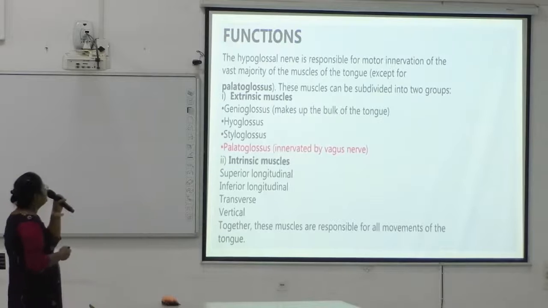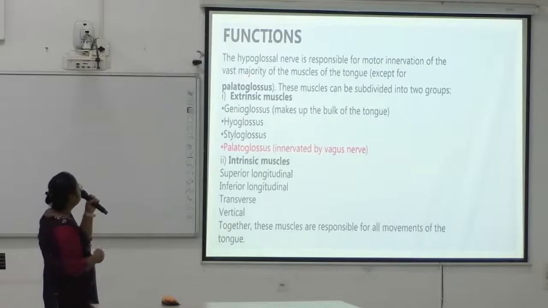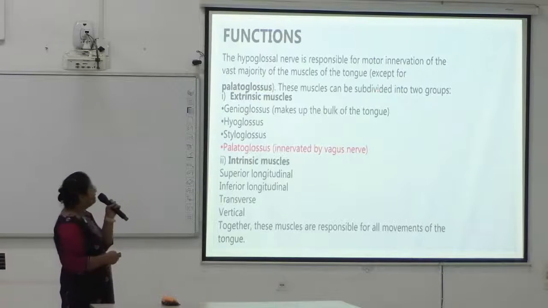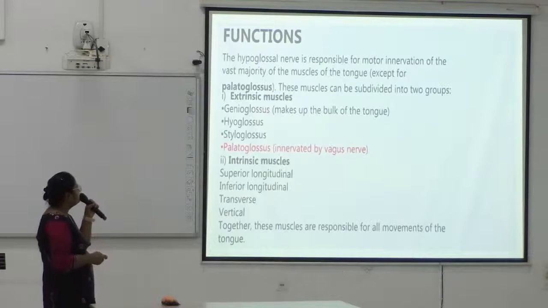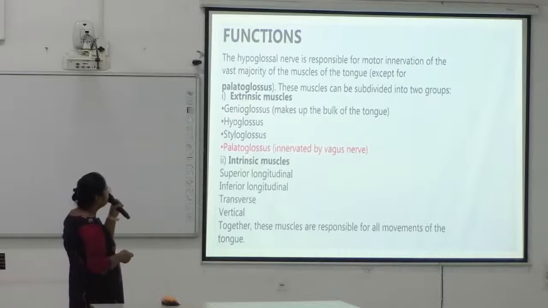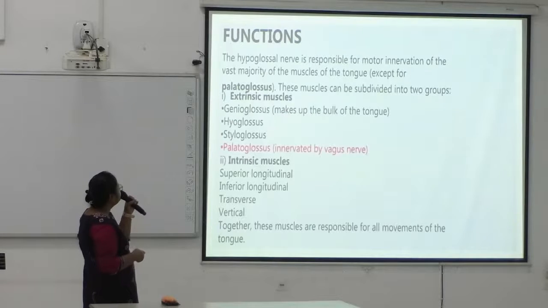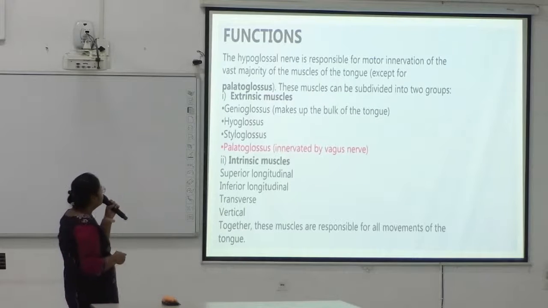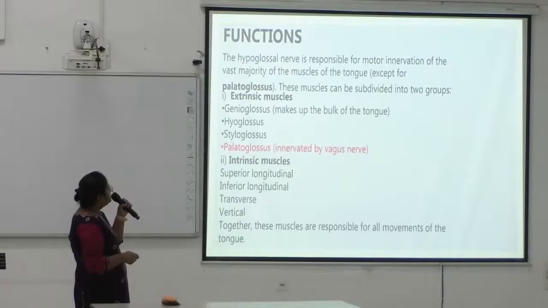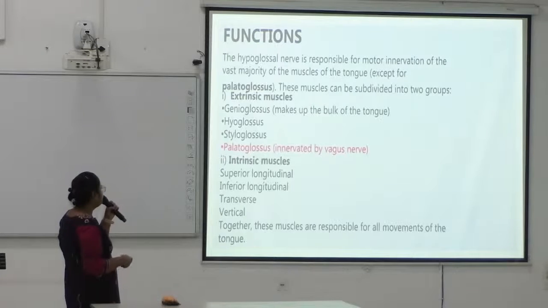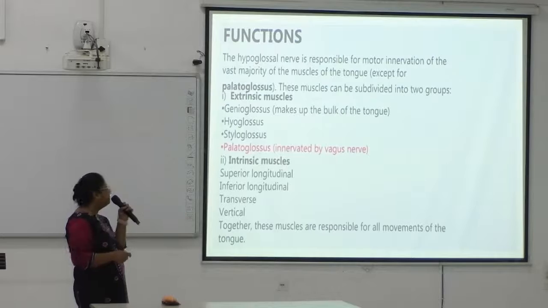Now, what are the functions? Hypoglossal supplies the vast majority of the muscles of the tongue: extrinsic muscles and intrinsic muscles. Extrinsic muscles are genioglossus, hyoglossus, styloglossus, and palatoglossus. Among these, the palatoglossus is supplied by the glossopharyngeal nerve and the rest by the hypoglossal nerve.